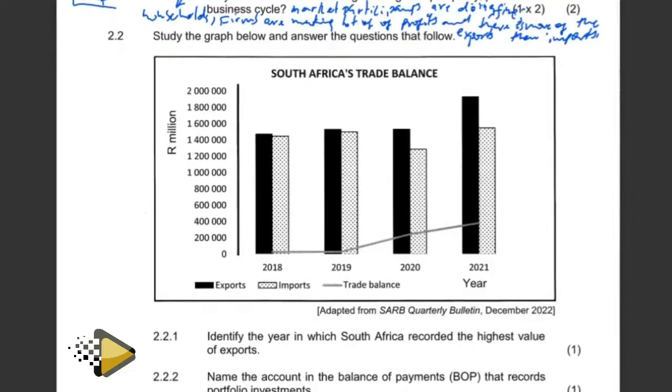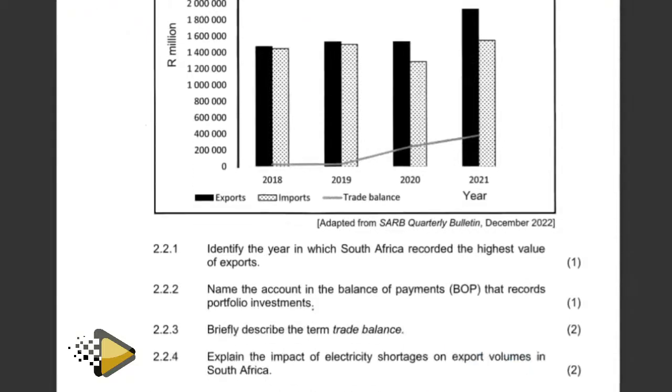Okay, right, grade 12. So now the first question reads 2.2.1, and it needs you to identify the year in which South Africa recorded the highest value of exports. So also you should be in the position to know the key words or the key terms there. If you check, this is how exports are symbolized, and also this is how imports are symbolized.